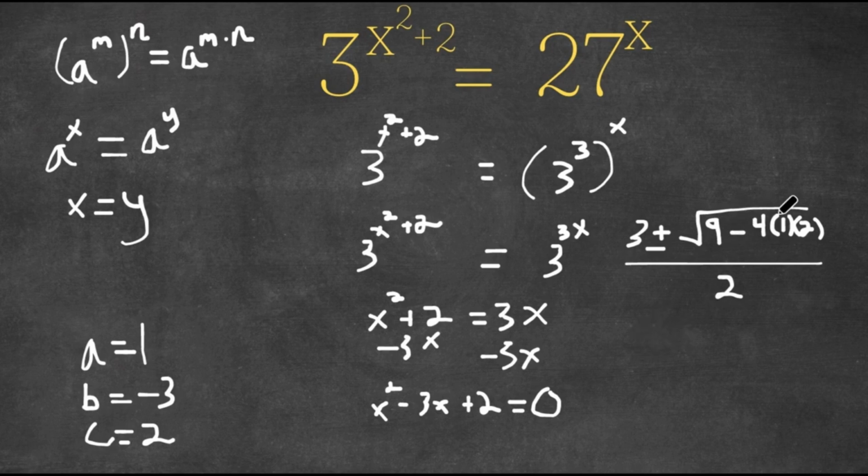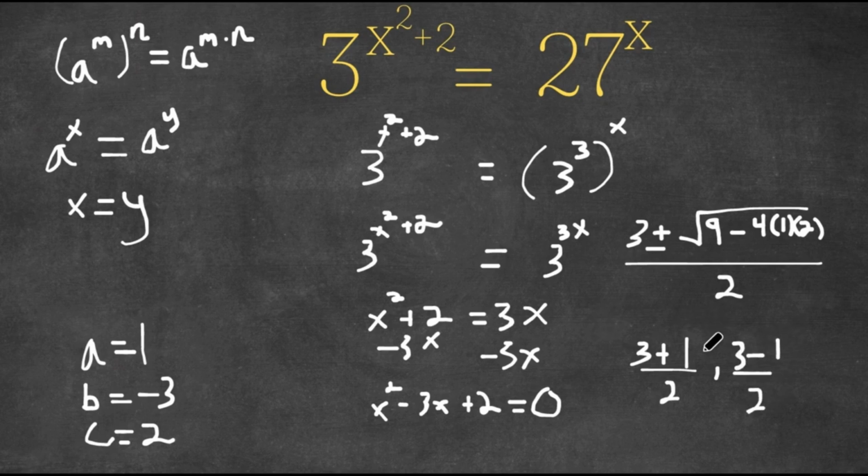Now, 9 minus 4 times 2 is 8, so we have 3 plus the square root of 1, which is simply 1, over 2, and we also have 3 minus 1 over 2.